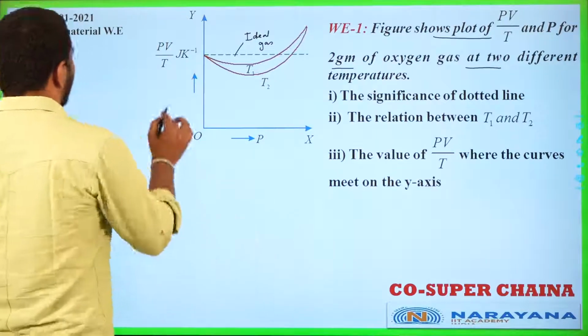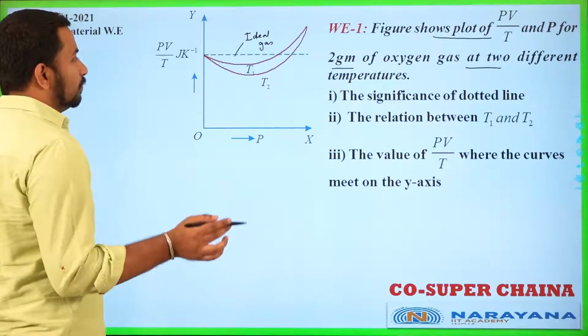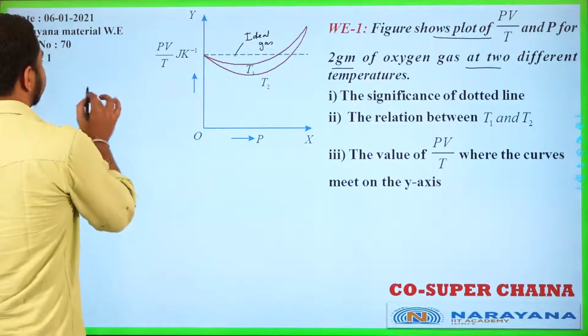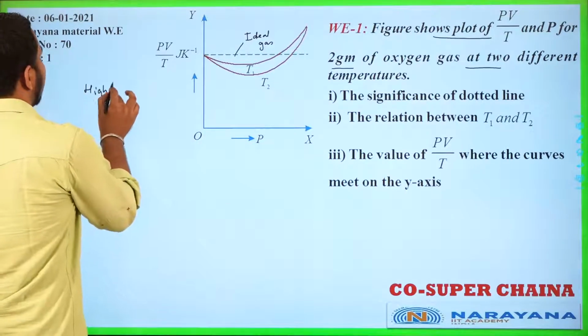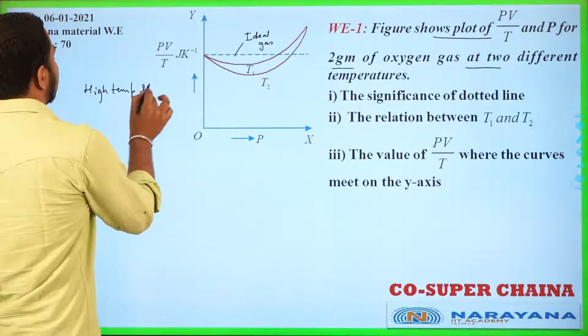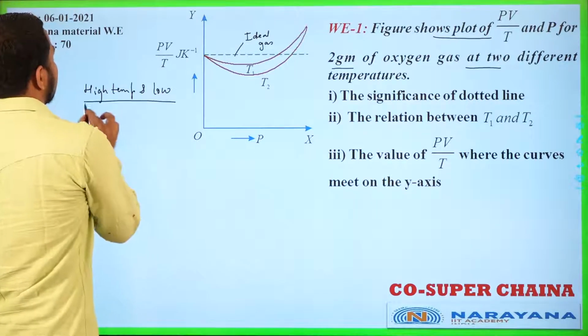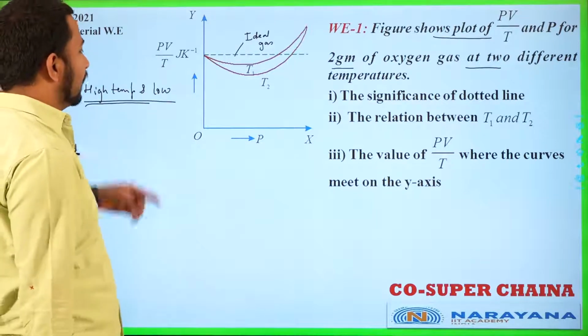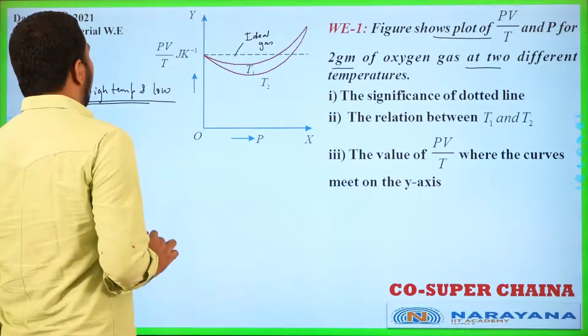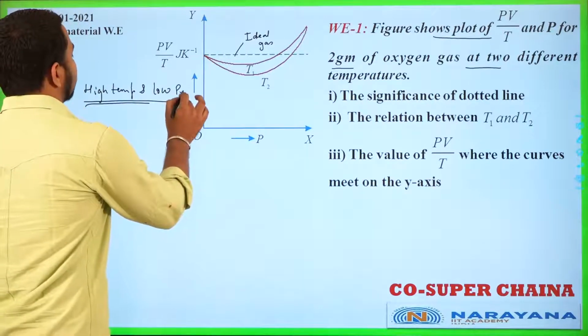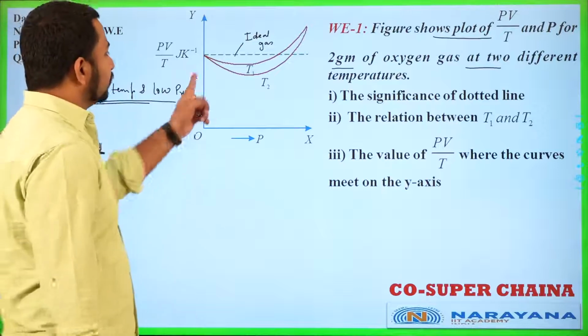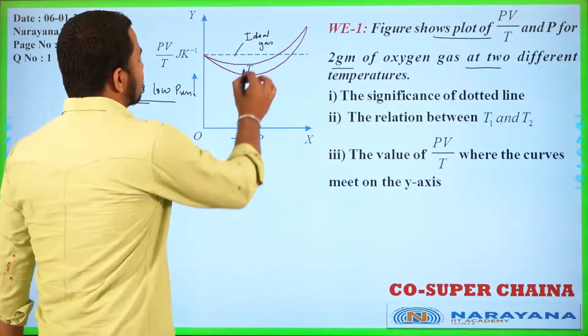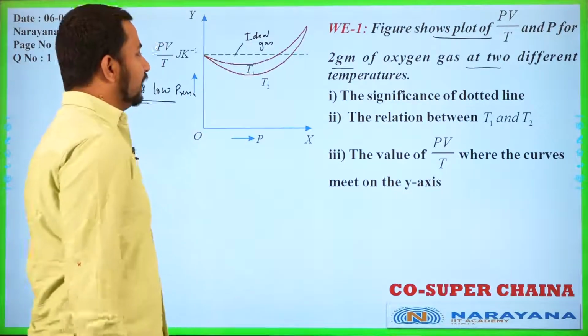Now you know that for a real gas to behave as an ideal gas, it has to have high temperature and low pressure, right? So if you see here, this curve is more close to the ideal gas.